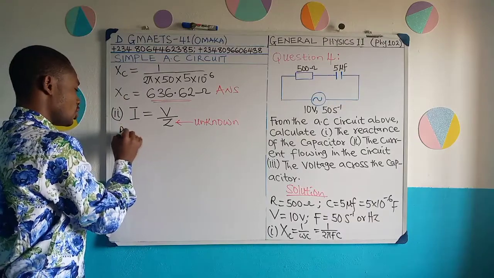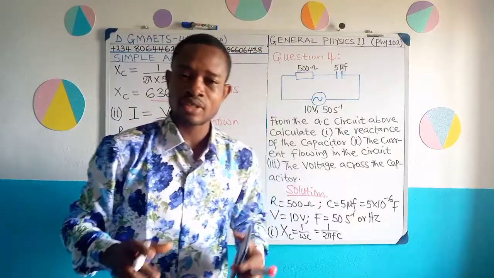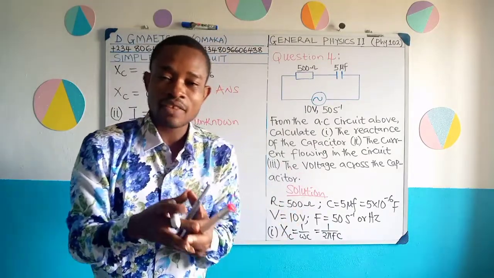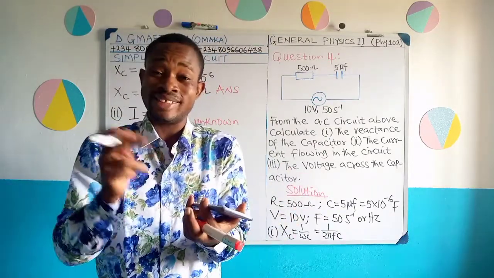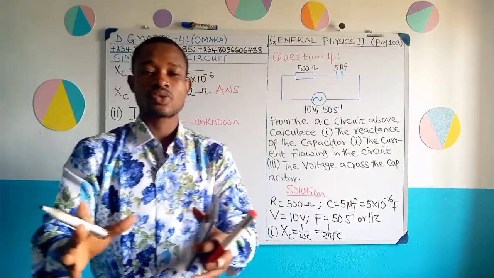The impedance. Impedance is the opposition offered to the flow of current in an alternating circuit by the combined effect of resistance and inductance and or capacitance.